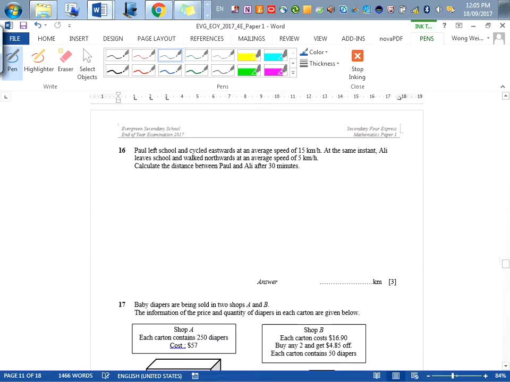Paul left school, cycled eastwards. Okay, this question was alright. Basically, draw the diagram: Paul, school, and Ali. So the distance between school and Ali will be 7.5 km. Over here we have 2.